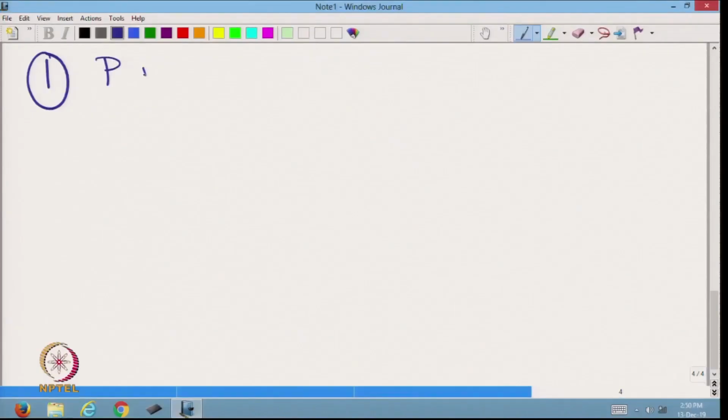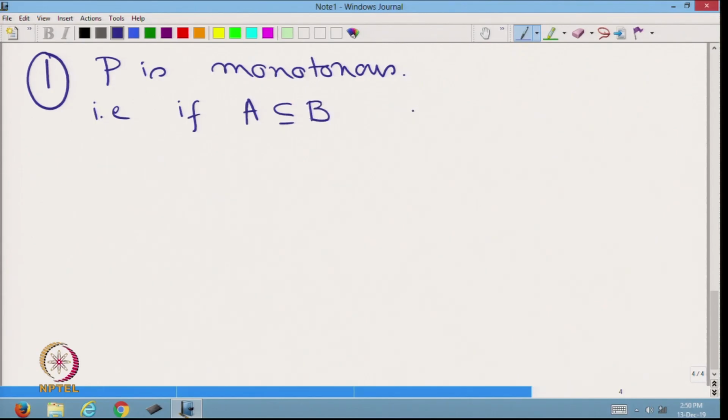This much we know. Now, let us investigate certain properties of P. 1. P is monotonous. What does it mean? It means that if A is contained in B, then probability of A is less than or equal to probability of B. It is very simple.